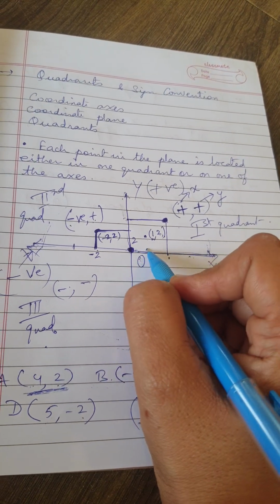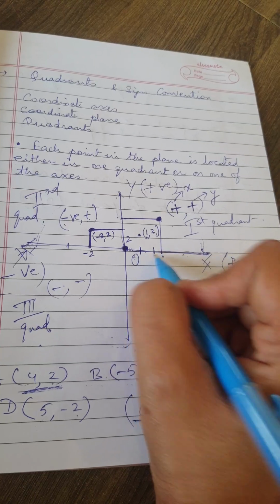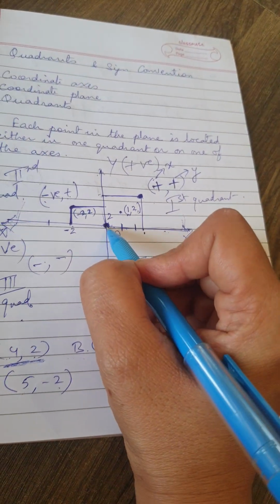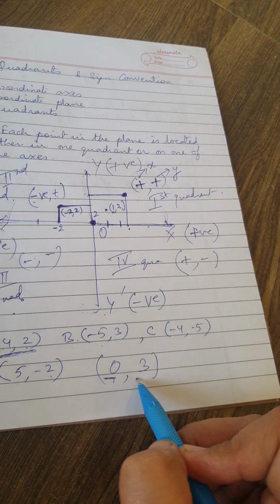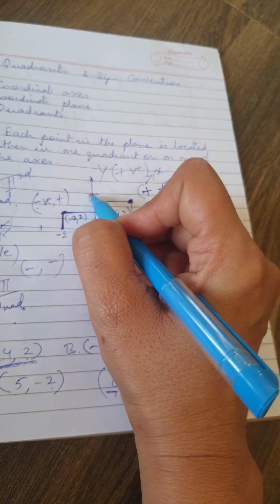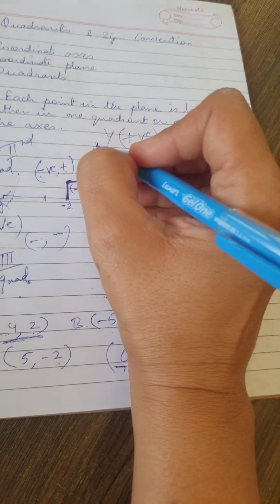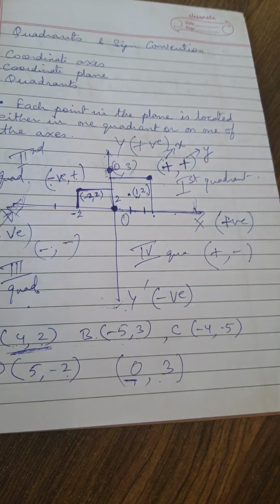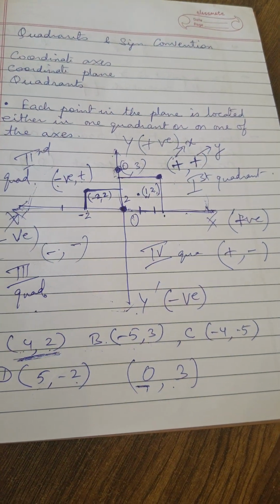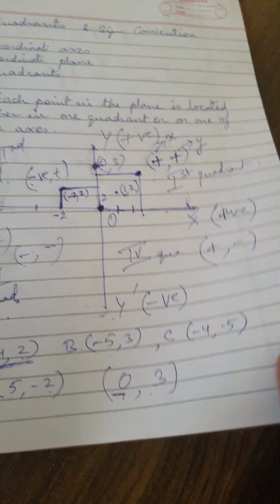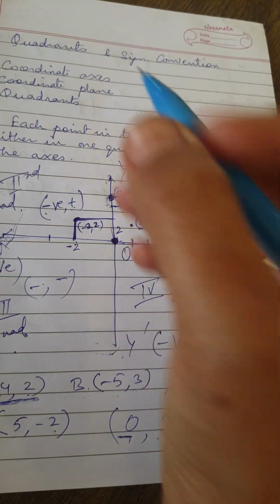If x is 1, you will come here, or if x is 2, you will come here. But here your value of x is 0, so you will plot it here. And +3 over the y-axis comes out to be here. So your point will lie over this axis, which is (0, 3). Understand the point? We will learn more points like this in the coming class.